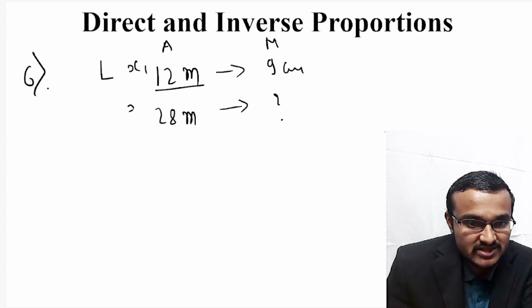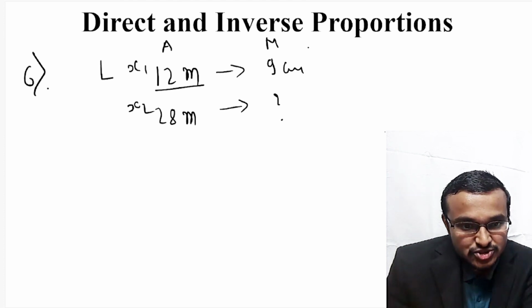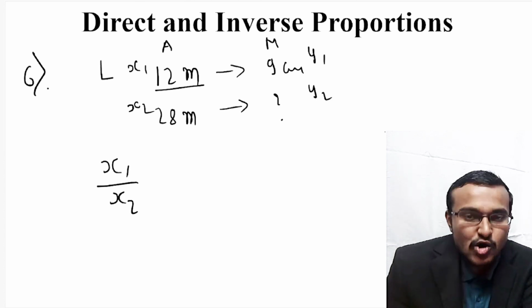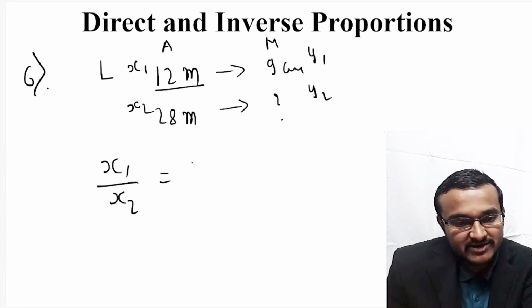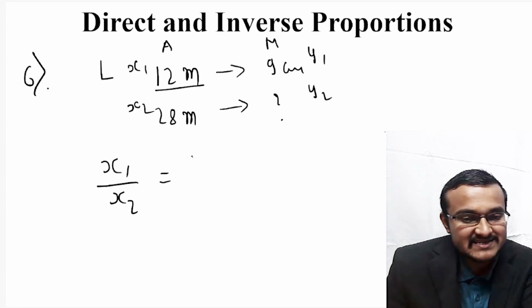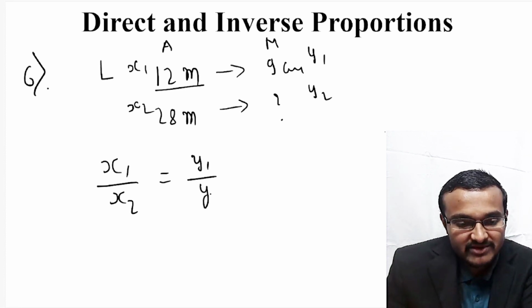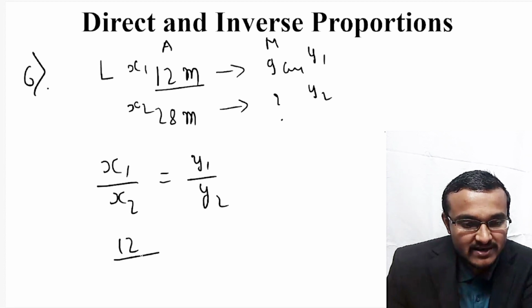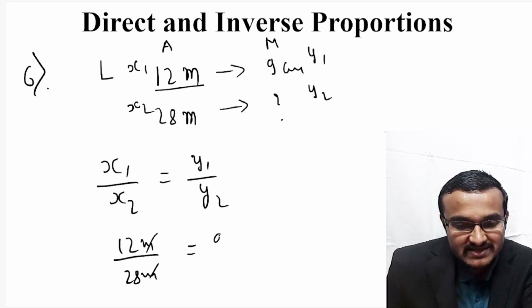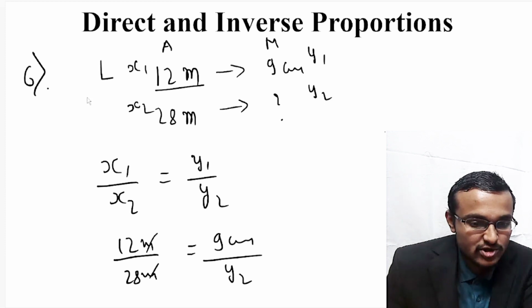So this will be x1, this will be x2, this will be y1, and this will be y2. Now let us take x1 by y1 is equal to x2 by y2, or you can take it as x1 by x2 is equal to y1 by y2. So x1 is 12 meter, x2 is 28 meter. Here meter gets cancelled, is equal to y1 is 9 centimeter, y2 we don't know. So we can cross multiply this.